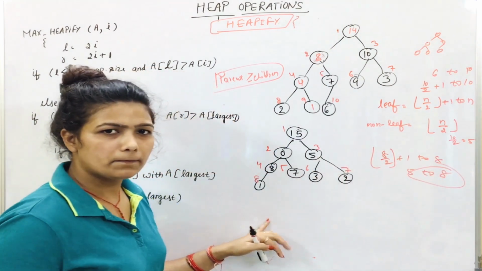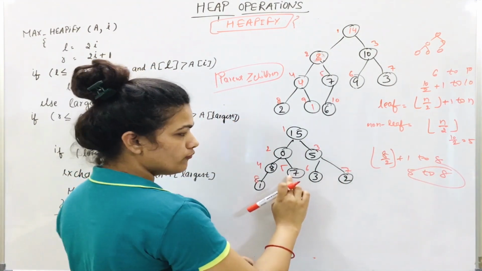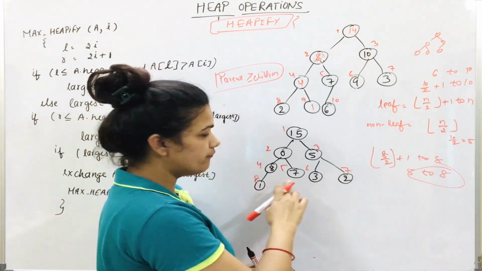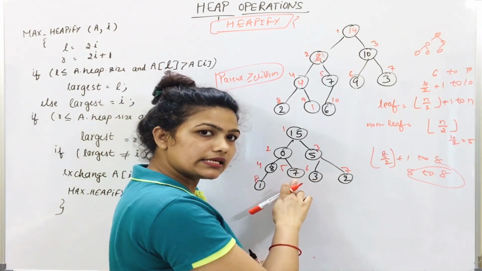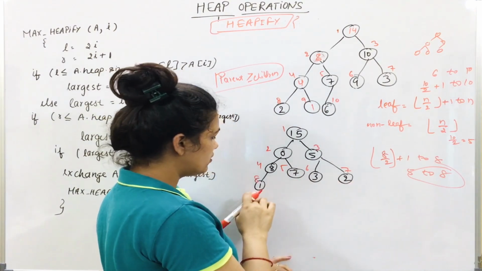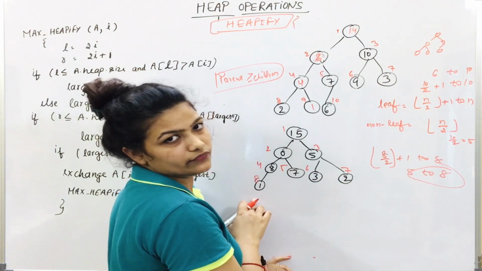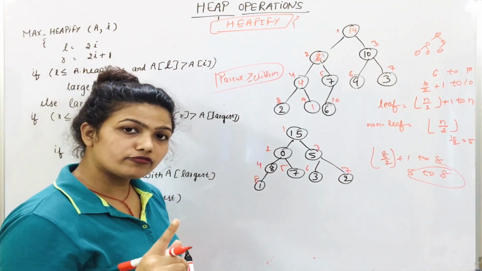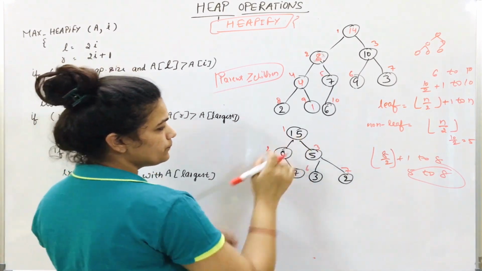This is to solve, but manually we can see from 5 to 8. 5, 6, 7, 8. These are leaf nodes. And once a leaf node starts in a heap, all the nodes after this leaf position, all will be leaves only. Simple. So in the same way, first we will start from the very first element, that is root.